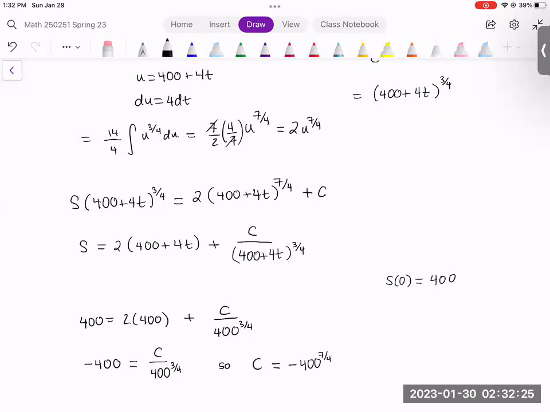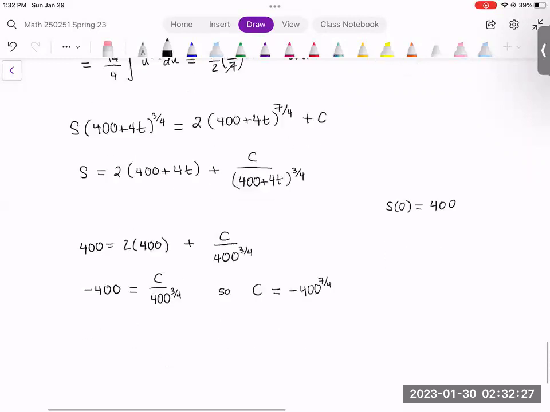All righty. Now, we can either leave our answer exact in this way. So I like it in this format.